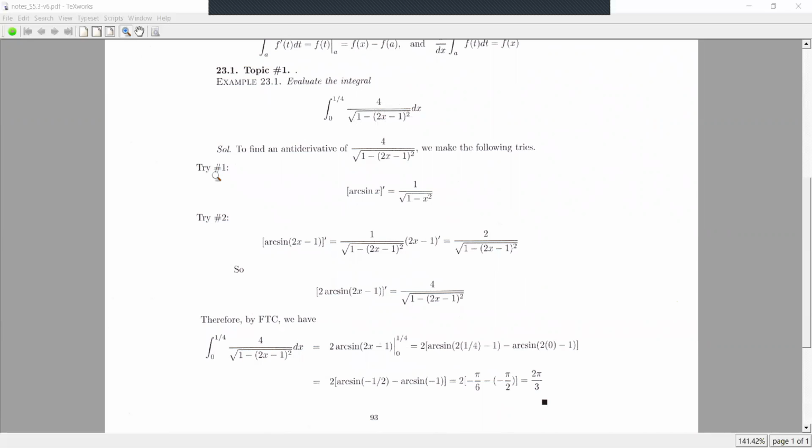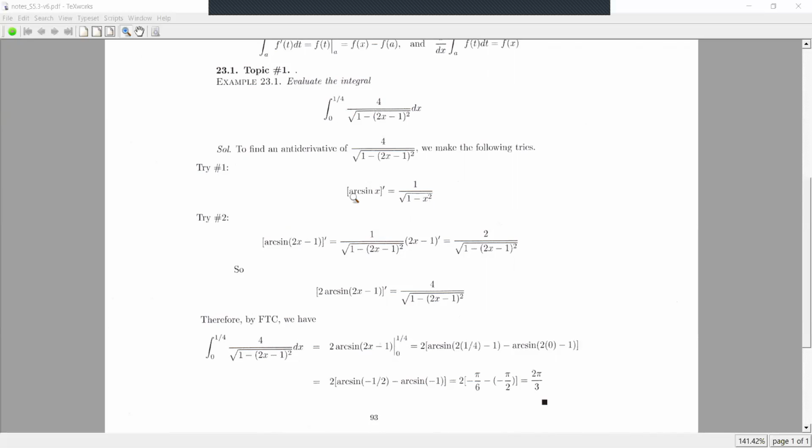So my first try is arcsine. The derivative of arcsine x by formula is 1 over the square root of 1 minus x squared. So this and this are close in structure, but not exactly. Here the function is 1 minus (2x minus 1) squared. Here it is just x. Now let me make a second try.